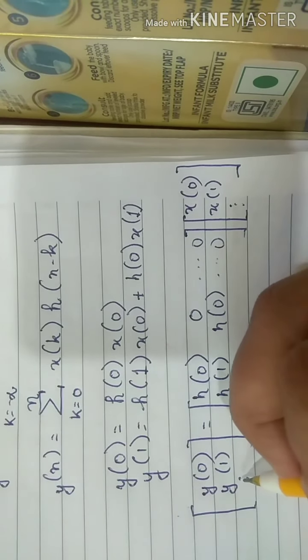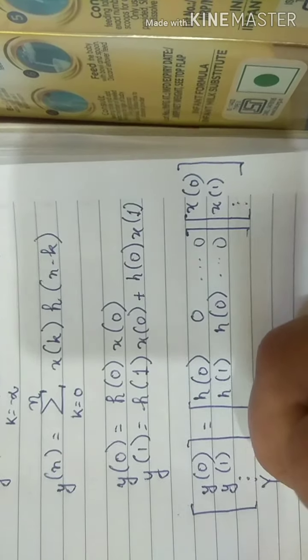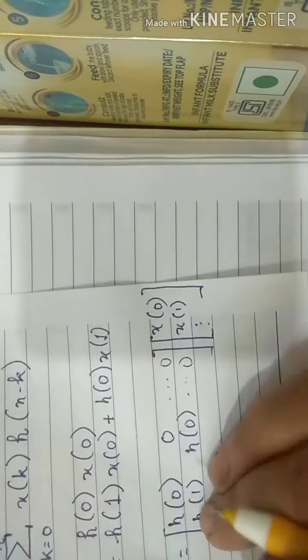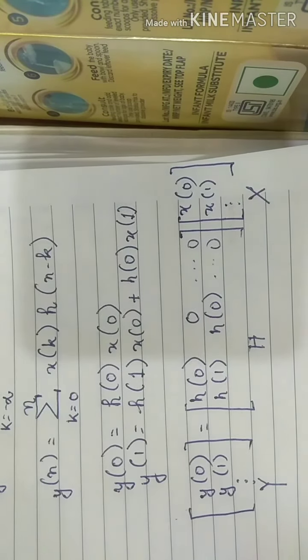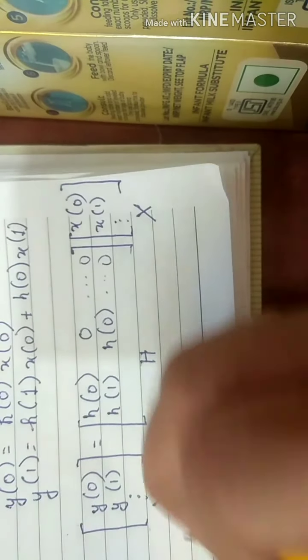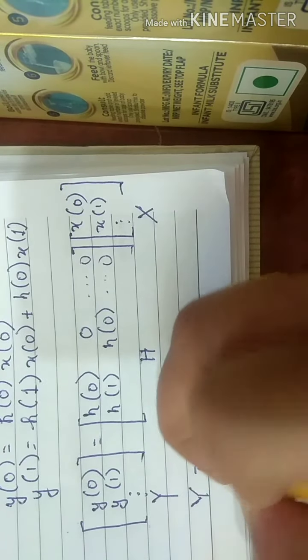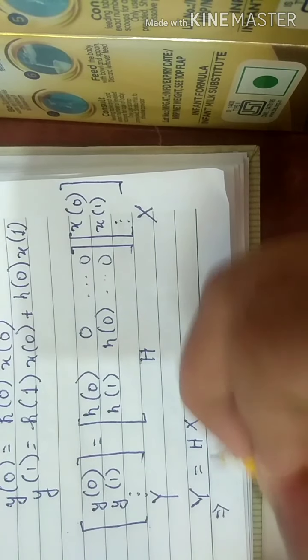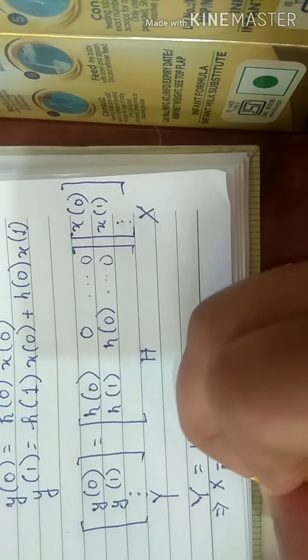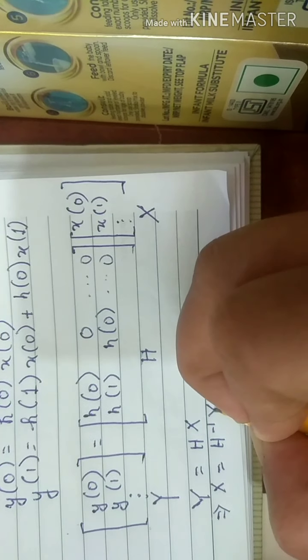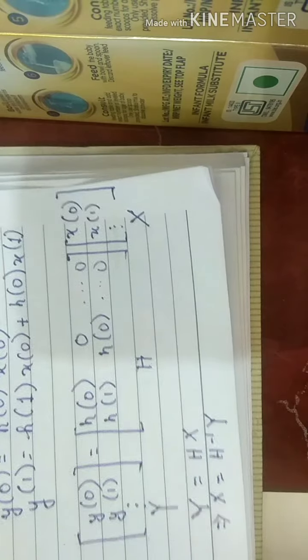So the first matrix we can write as capital Y, this we can write as capital H, and this can be written as capital X. So we can write matrix Y equal to the product of H and X, which implies that if we want to find the input matrix, then X will be H inverse multiplied with Y.